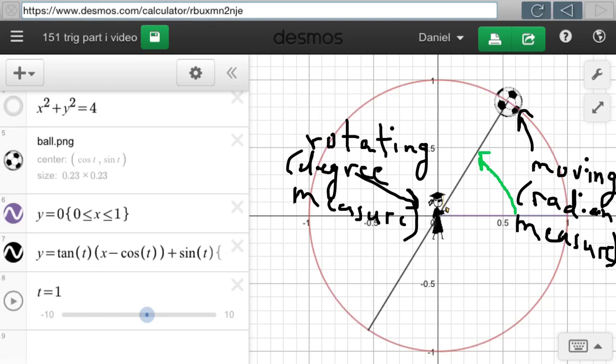Okay? So those are the two ways of measuring angles, either in degrees or radians. So you can think of degrees as the amount of rotation and radians as the distance traveled around the unit circle.